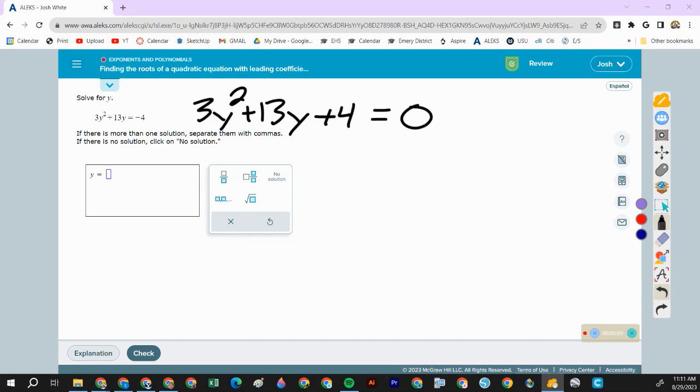And it guarantees, if this factors, then at least one of the roots will be a fraction. So if it doesn't factor, then it could have no real solution, or an irrational solution. But if this does factor, then at least one of the roots is a fraction.